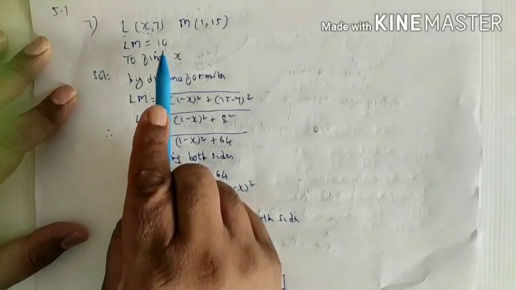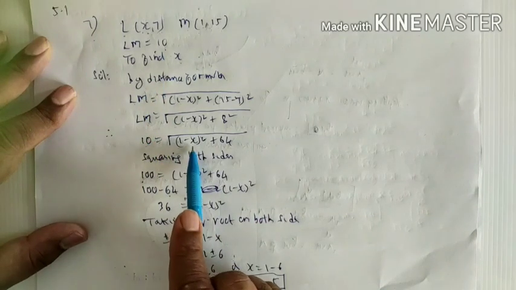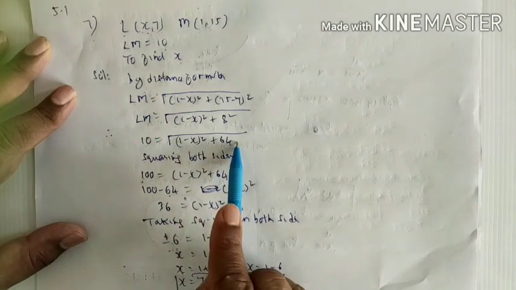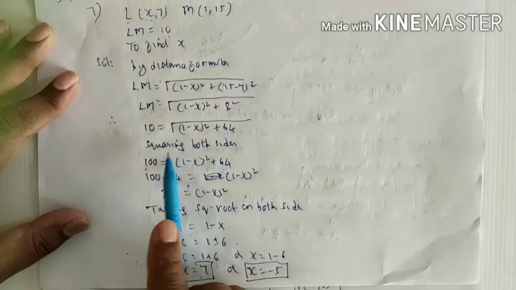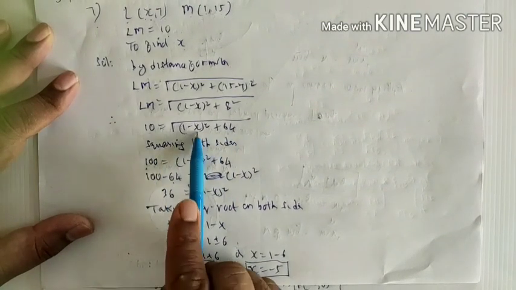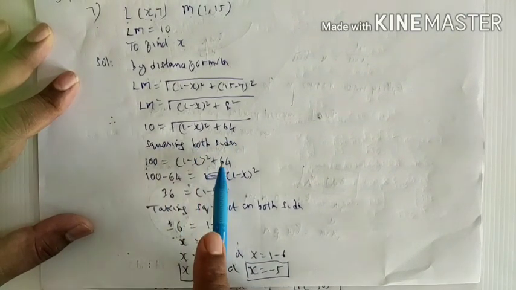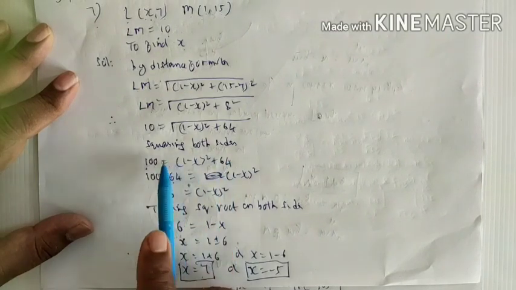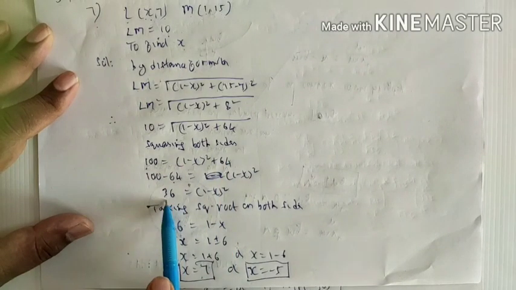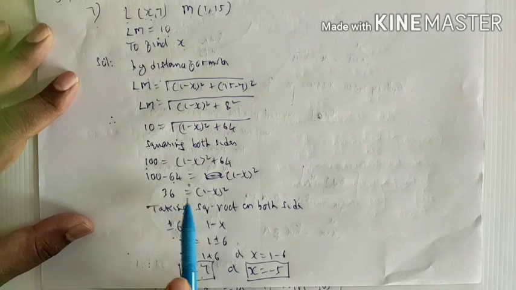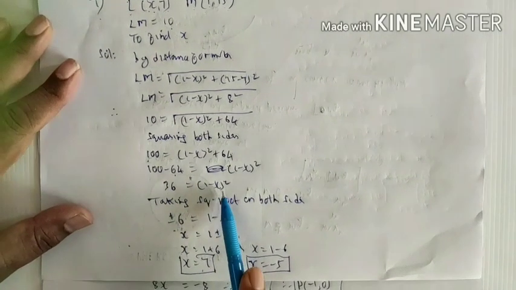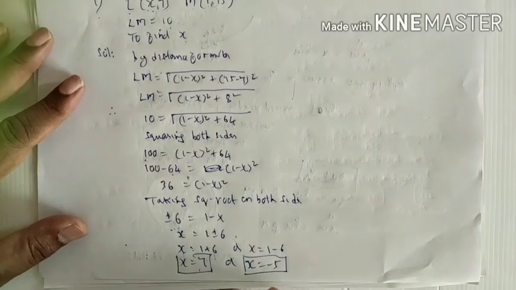Substituting LM's value, we get 10 is equal to under root (1 minus x) whole square plus 64. Now if we square both the sides, 100 is equal to (1 minus x) whole square plus 64. Bring 64 to left side, 100 minus 64 is 36. So we are getting 36 is equal to (1 minus x) square.